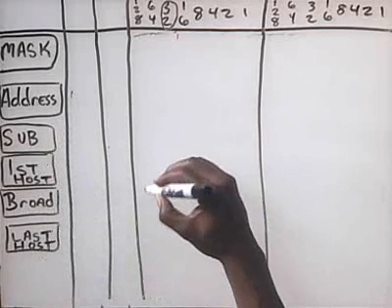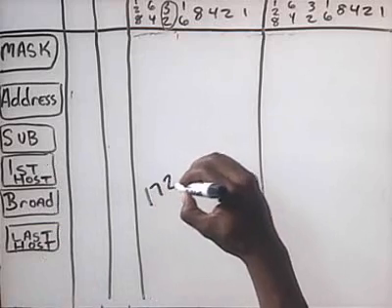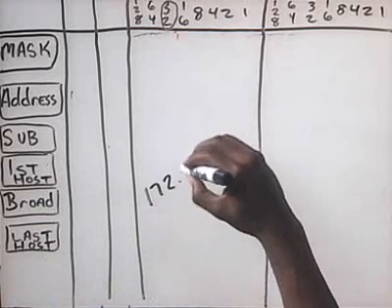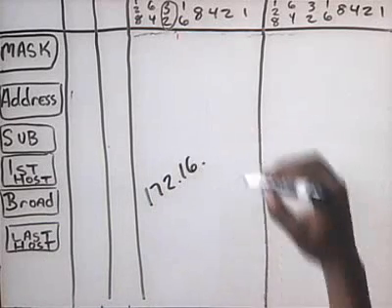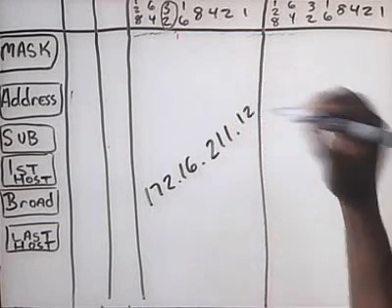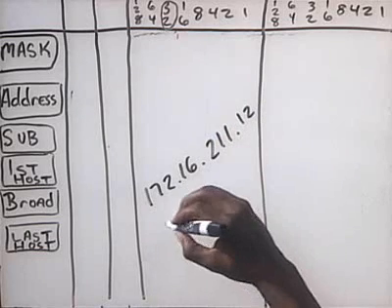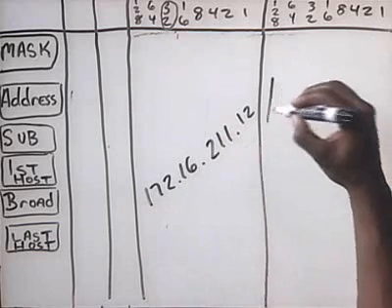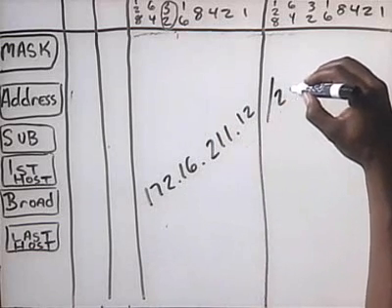So let's use an example here, 172.16.211.12. And we'll use a subnet mask of a /20.